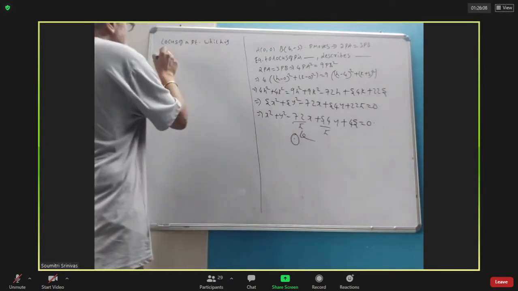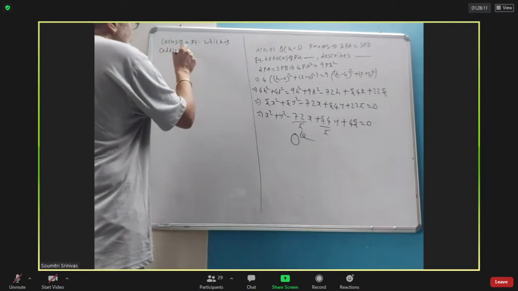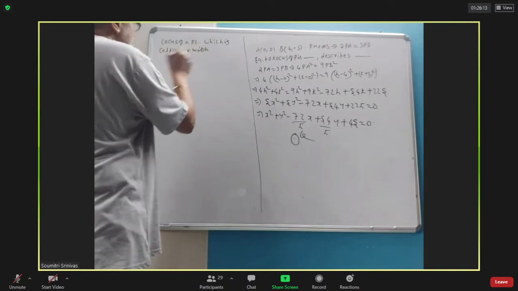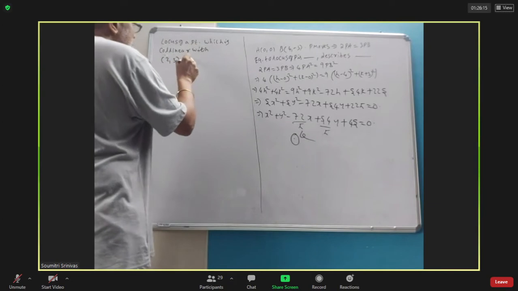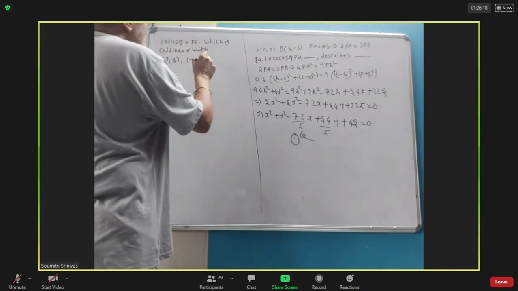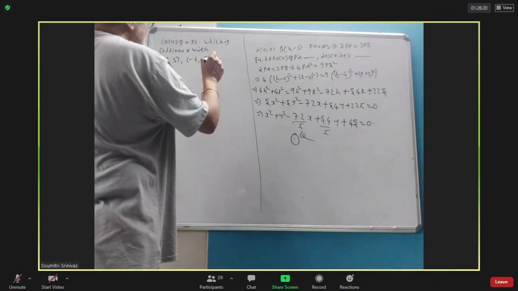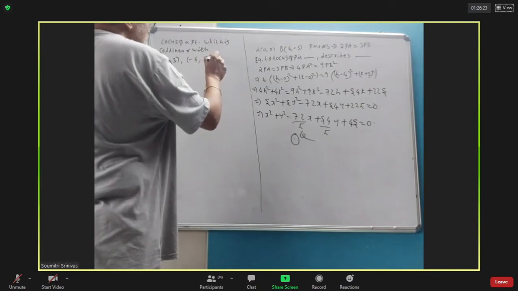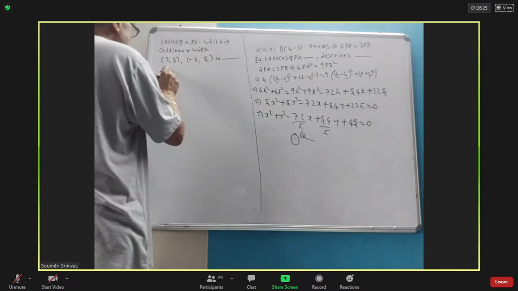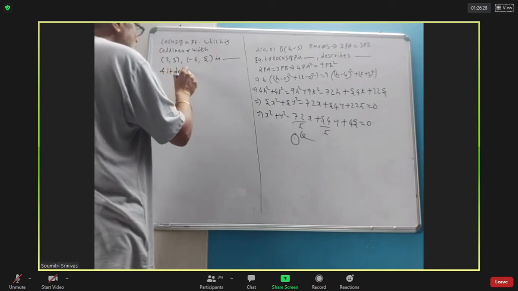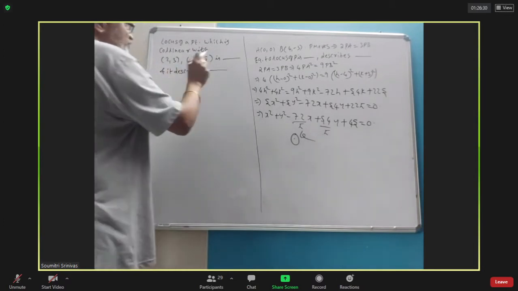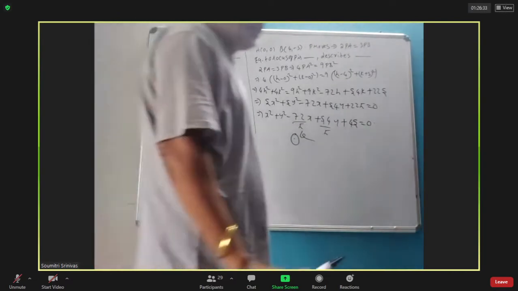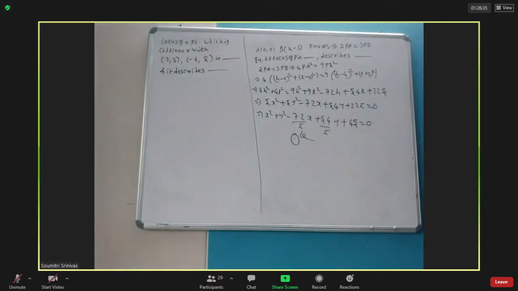Collinear, this also I told you, we have done last week in area of a triangle. For collinear, what's the easy method?